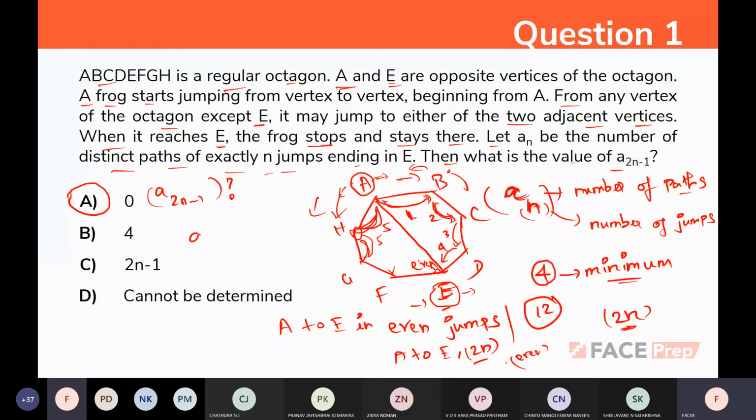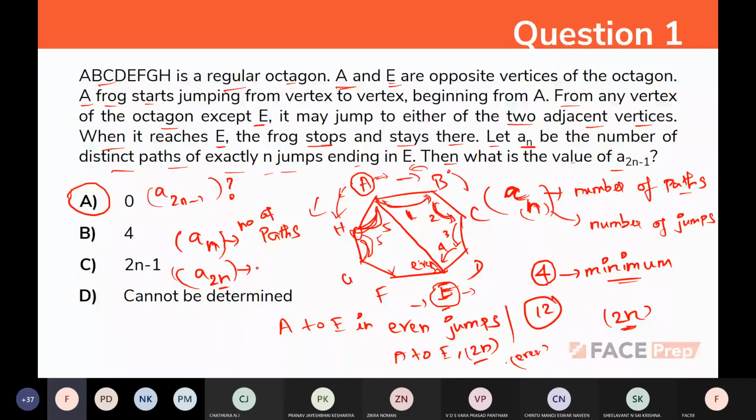So AN is the number of paths; the whole term is the number of paths. So the frog can only jump in this number of paths only. It is an even number. It can reach A to E only with this path, so an even number of jumps.